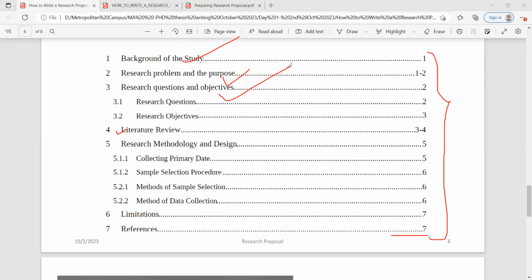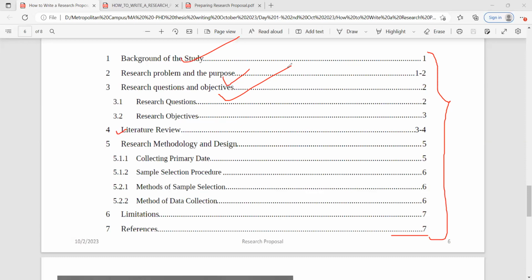Then the literature review, you have to have at least 1.5 to 2.5 pages because your length is 8 pages. Then the research methodology and the design, you can have it within 1 page. And whatever limitations you have, you can include them.